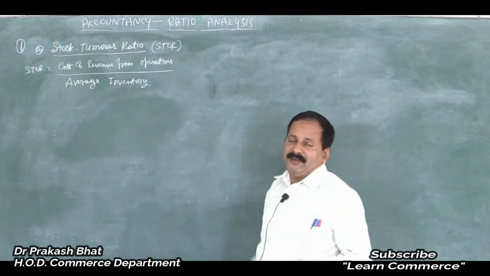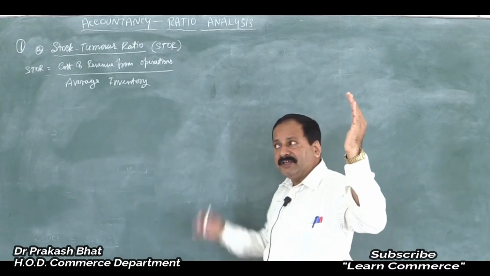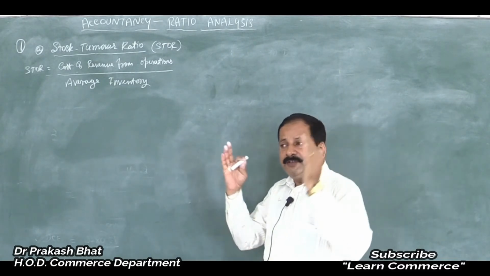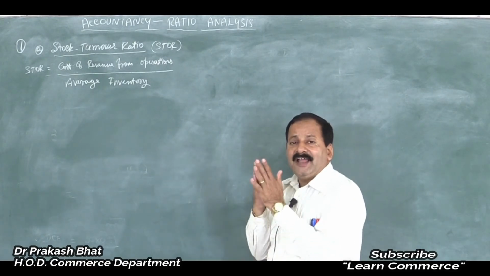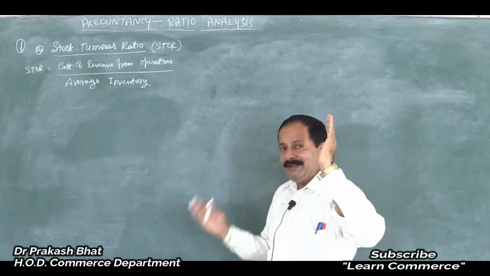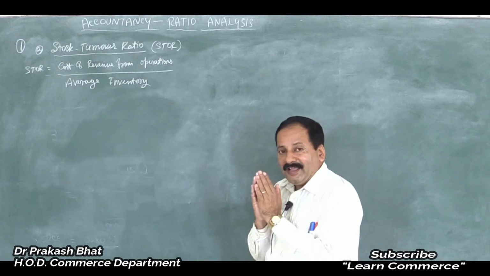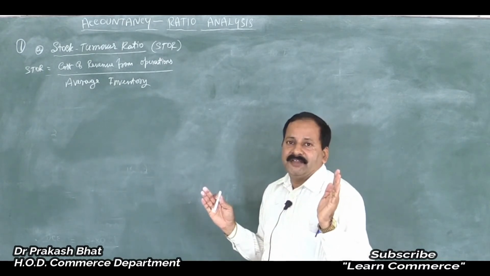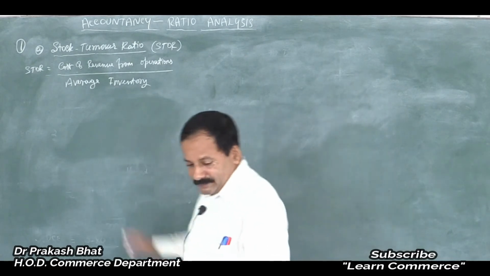That is average inventory. When you take the opening and closing balances, add them together and divide by 2, it becomes the average inventory. So starting how much was there and how much is there, add it together and divide it by 2, you will get the average stock, the average inventory. So that is what average inventory is. Clear? So let us write here.